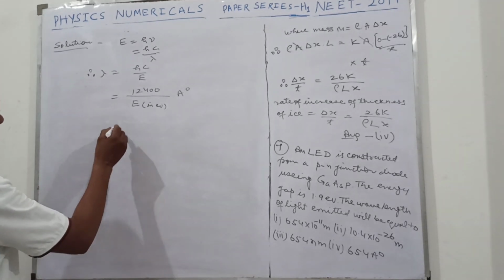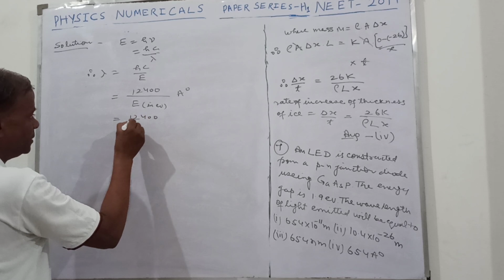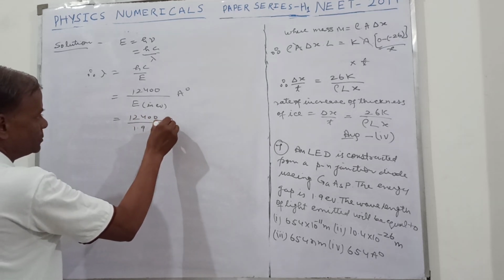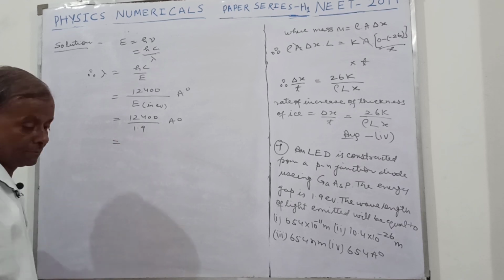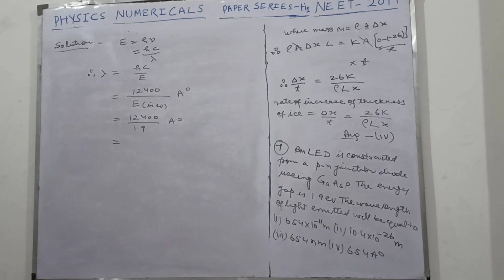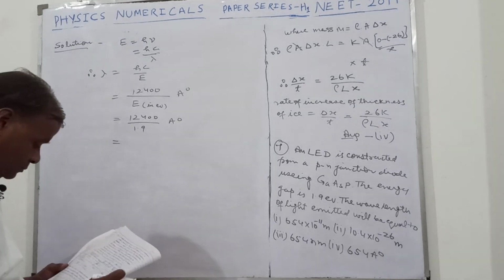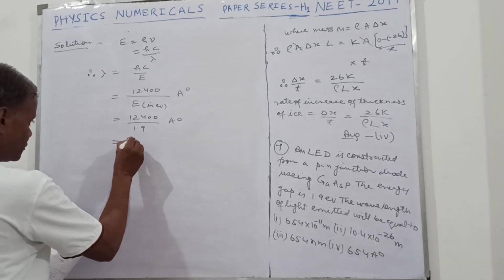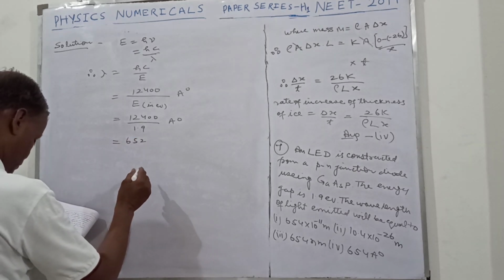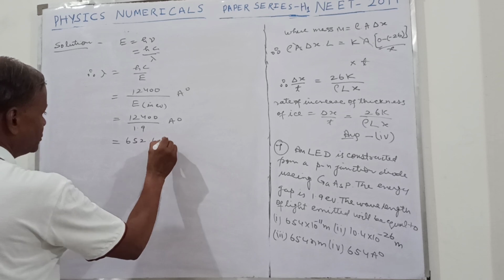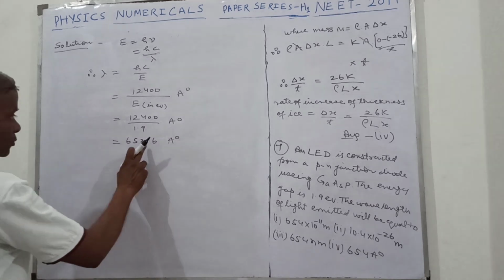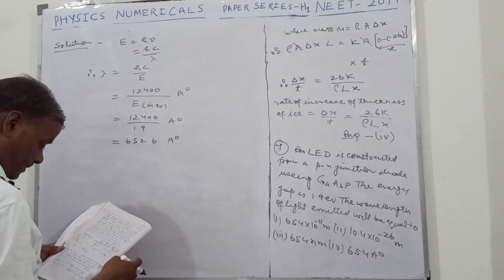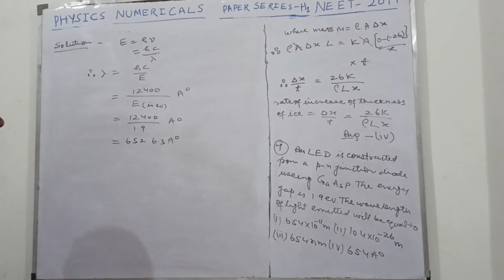Now you can put the value: 12,400 upon 1.9, so much angstrom. Then if you divide, you will get it to be 652.6 angstrom, and so on.